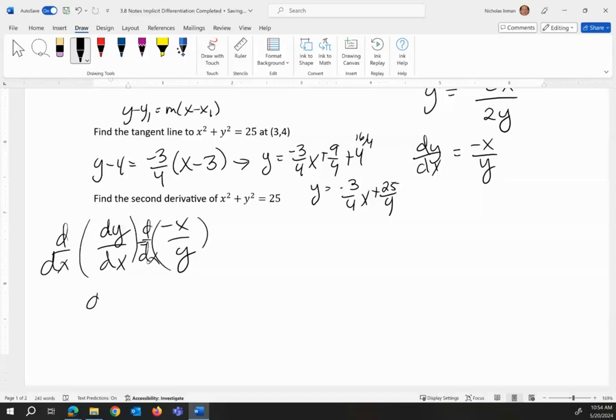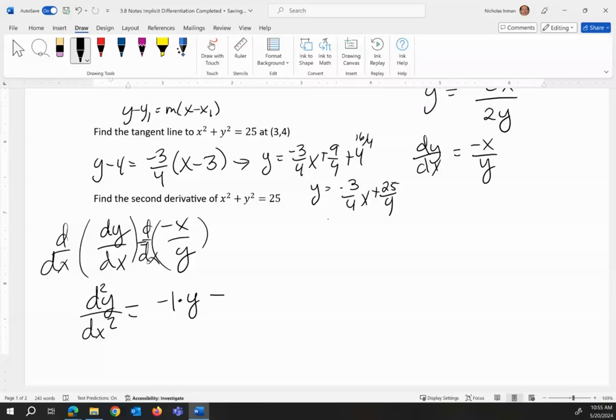All right, so the second derivative, d2y over dx2, is equal to, well, to do this derivative, it's a quotient rule. The derivative of the top, the derivative of negative x, is just negative 1, times the bottom, minus the derivative of the bottom.